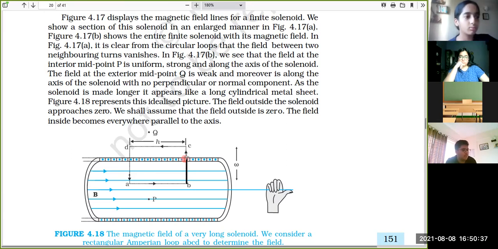What is the direction of the magnetic field? There is only one magnetic field. It is drawn in the diagram, look at the diagram. Sir, I'm not sure.